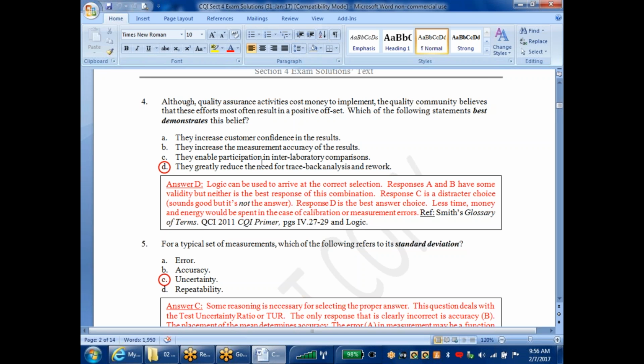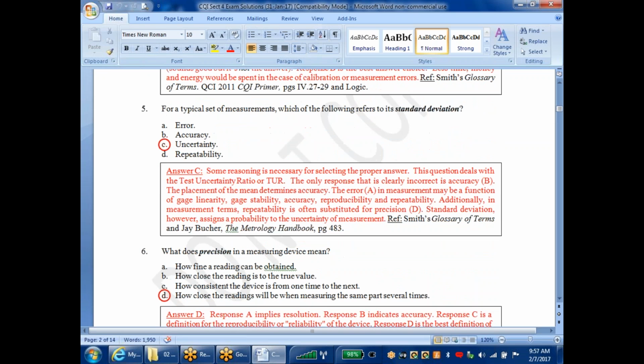D, quality assurance activities greatly reduce the need for traceback analysis and rework. When we do quality assurance, that is considered a prevention cost, and typically prevention costs net a 10-to-1 payback. So certainly D speaks to that benefit.